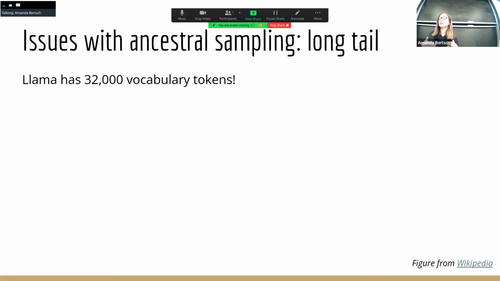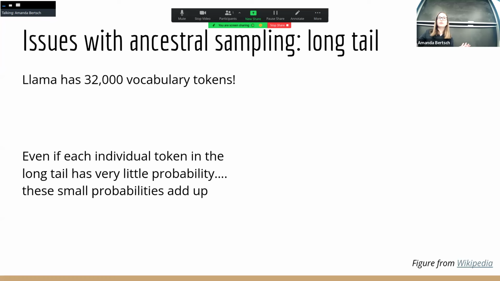But there's all kinds of things in that distribution, like punctuation, or tokens that won't lead to the correct answer. A lot of things in this distribution are all really low likelihood. And this is fine, these things just get low probability mass. But the problem is if you give a small amount of probability mass to 30,000 different things, that mass will add up pretty quickly.